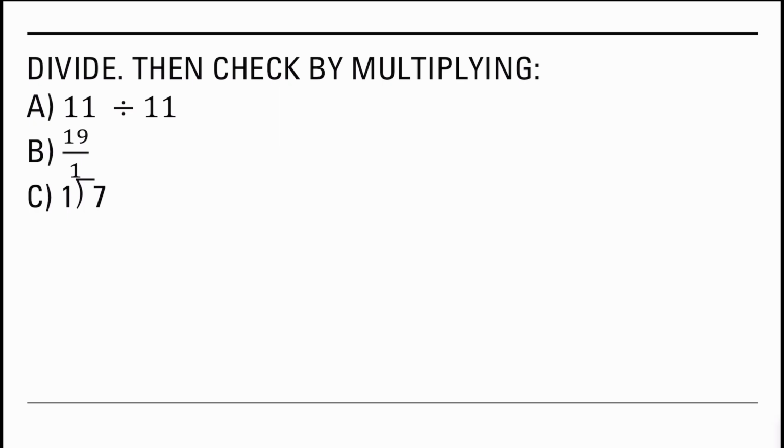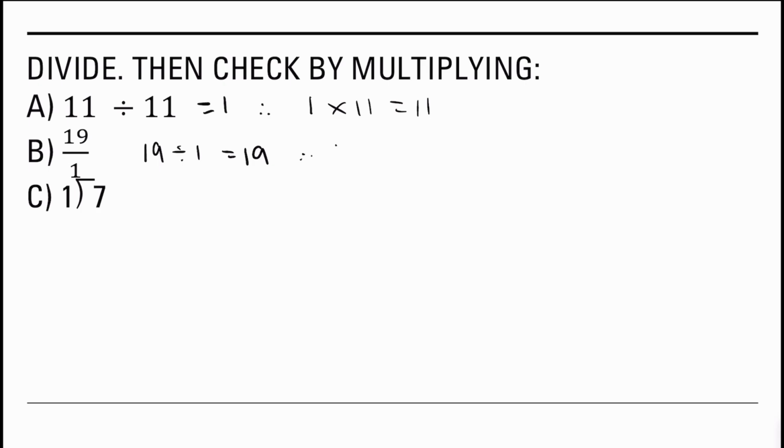So we want to divide, then check by multiplying. So for A, if we divide 11 by 11, we would get 1, and then we should get 1 times 11 equals 11. And so that's true. For B, 19 divided by 1. So I'll just rewrite this for us. And so we would get back 19.